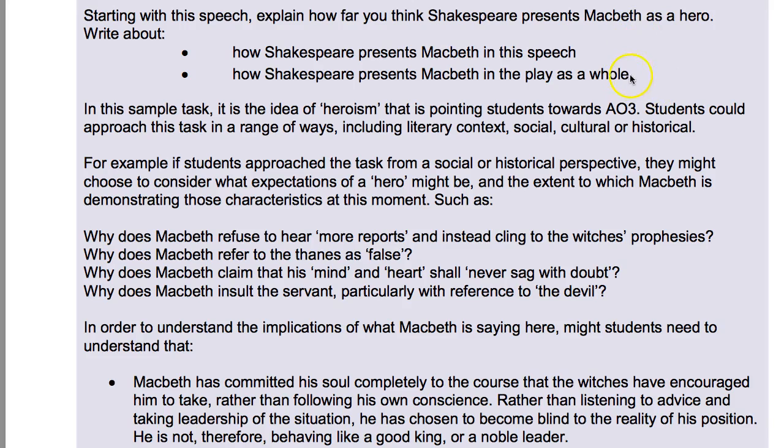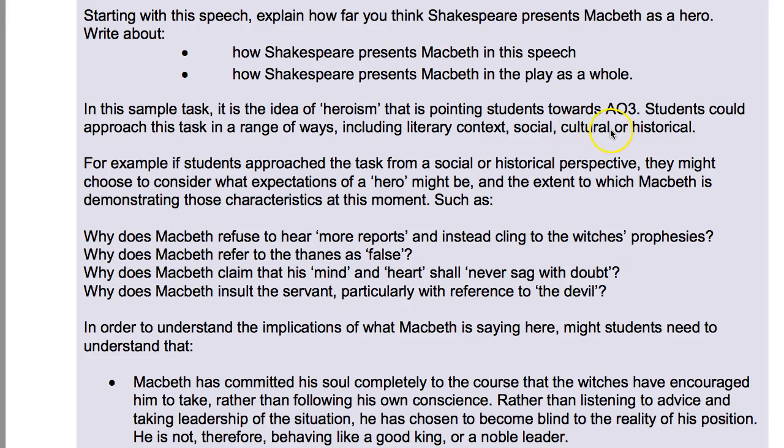So there's the question again, in case you've forgotten it. In this sample task, it is the idea of heroism that is pointing students towards AO3. That's the context mark. Students could approach this task in a range of ways, including the literary context, so how it's a play, how it's a tragedy, the social context, so how it's reinforcing King James's right to rule after the death of Queen Elizabeth I, or the cultural or historical.